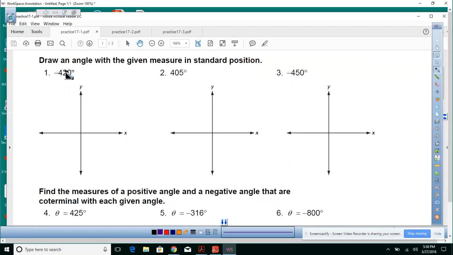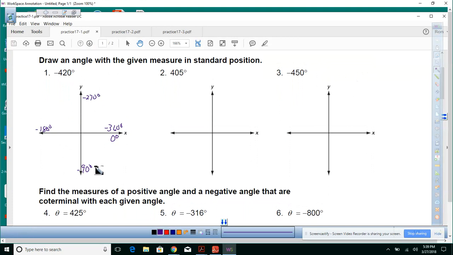All right, negative 420 degrees. Where's that at? Let's start here. 0 degrees. And then this is negative 90 degrees. Negative 180 degrees. Negative 270 degrees. Negative 360 degrees.